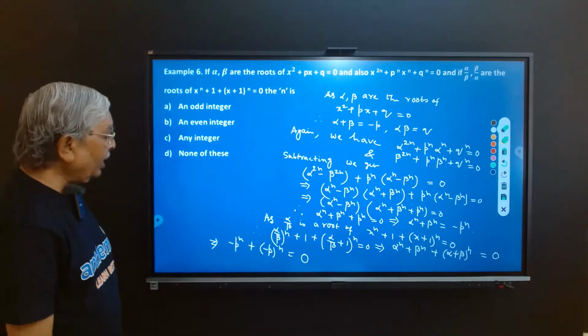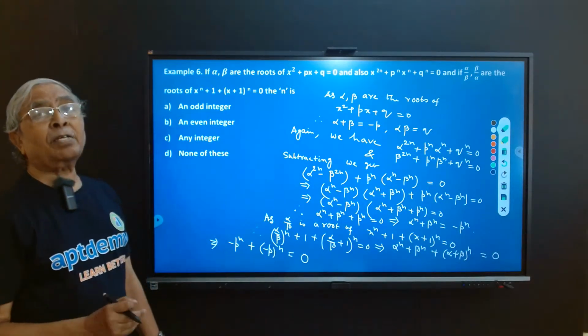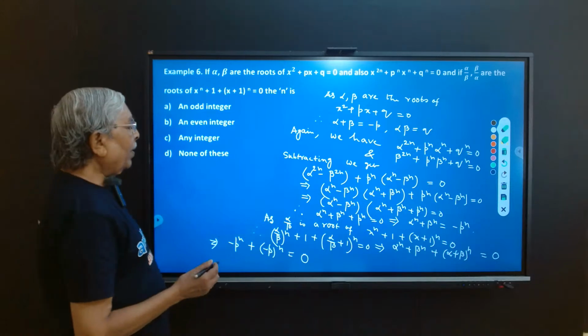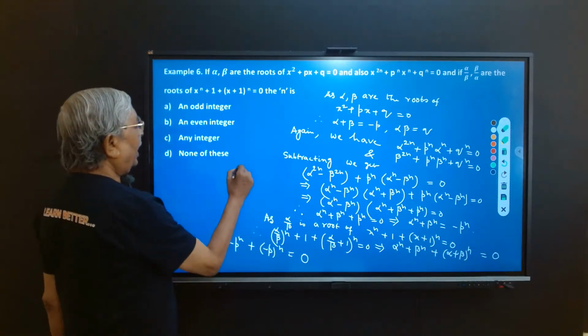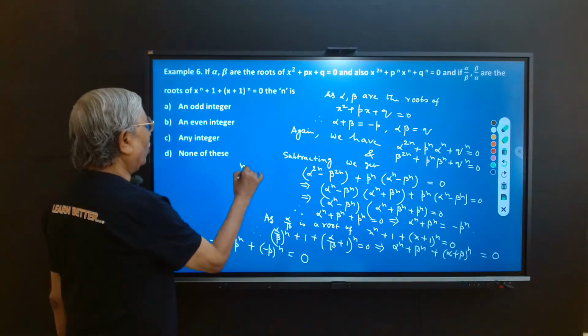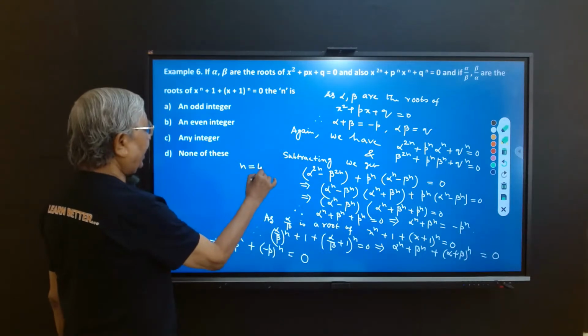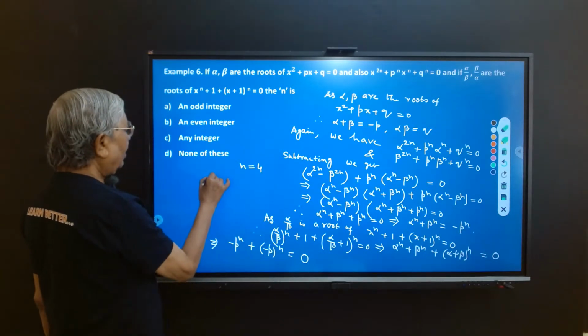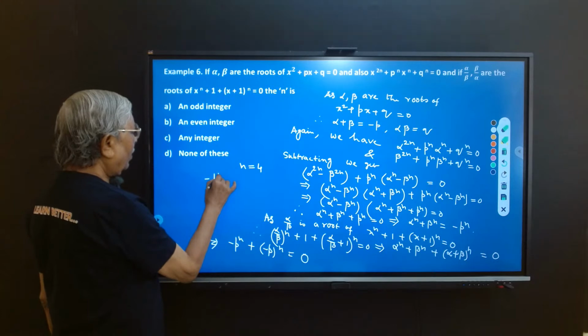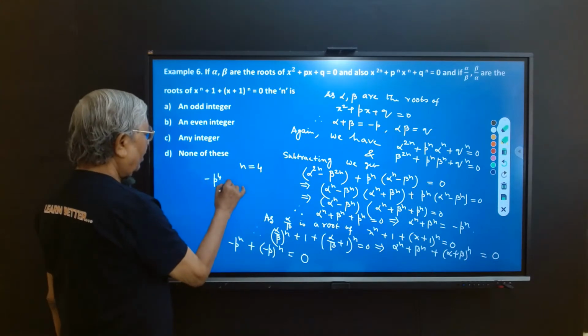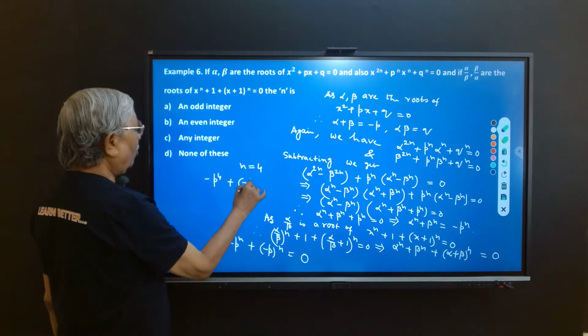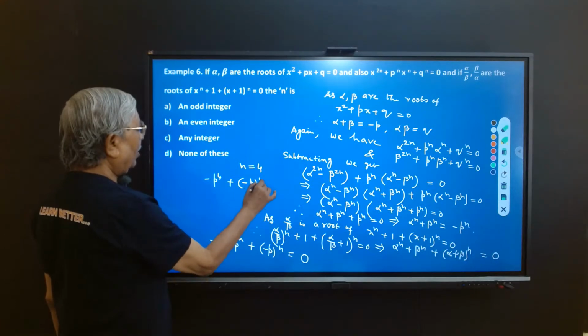It is possible if n is an even number. Suppose n equals 4, what do you get? Minus p to the power 4, then plus minus p whole to the power 4. What do you get?